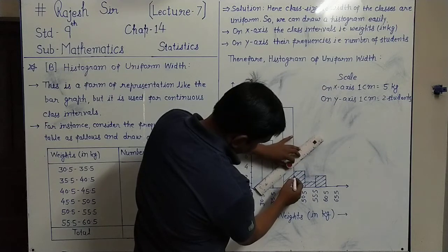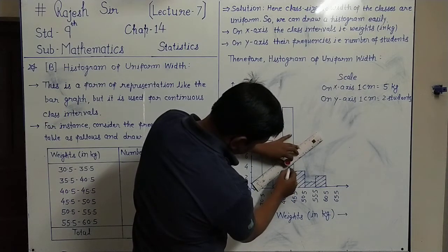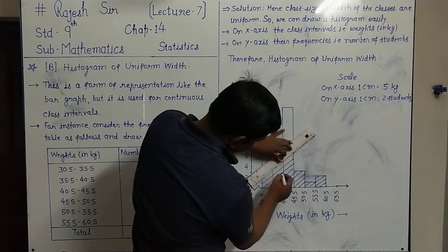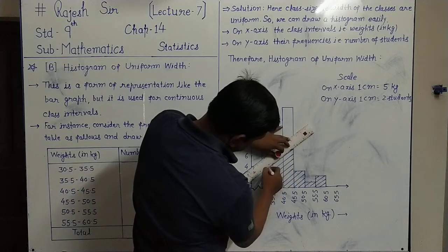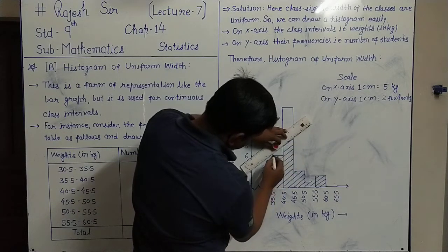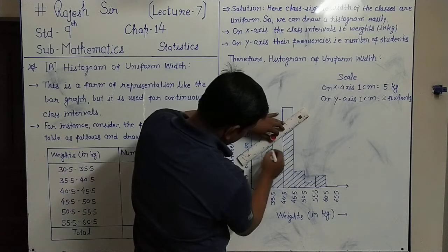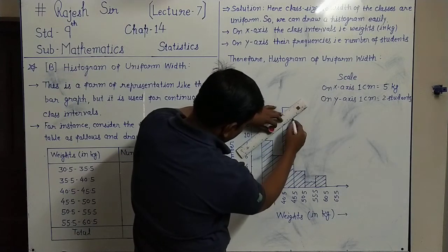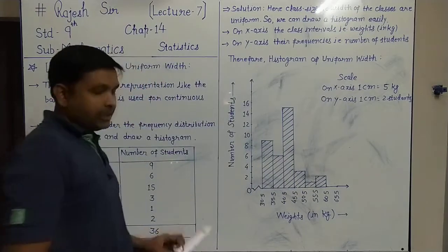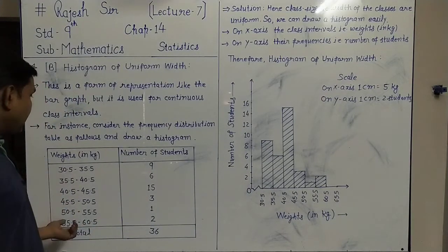You can show, you can draw the shapes. So this is the histogram of this given example of continuous class intervals where we have, and as well as the width is uniform.